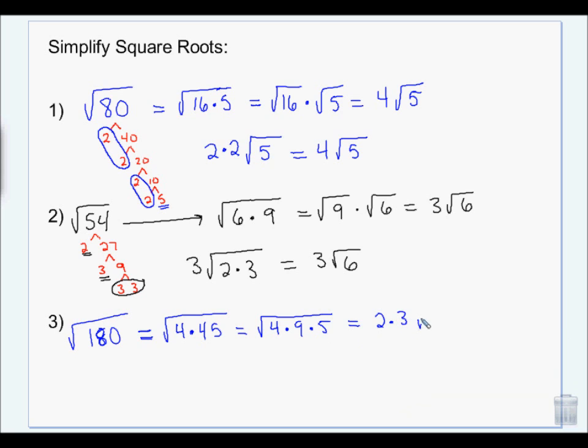So I can take the square root of each and the leftover 5 stays underneath. But if I didn't think of that, I would have done my factor tree, and I would have seen that I have a pair of 2's, a pair of 3's, and a 5 left over. And so I'd have pulled out one of the 2's, one of the 3's, and left that 5 alone and gotten the same exact answer.